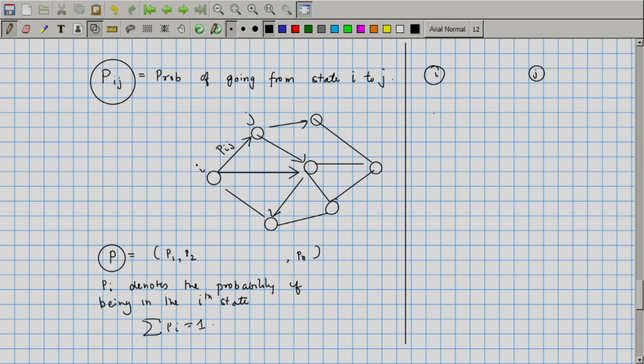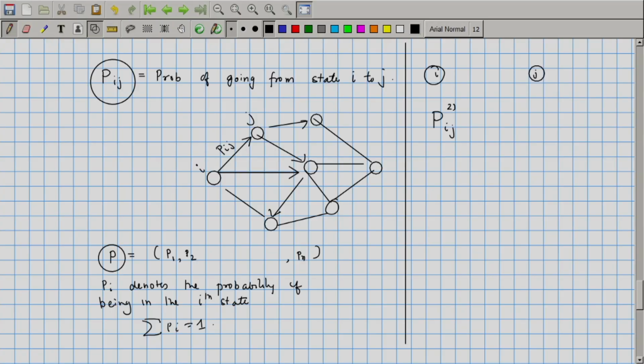Pij denotes the probability that you will go from i to j in one step. That is, if you are already at i, what is the probability that you will land up in j in the very next step? Let us denote by Pij^2 the probability of going from i to j in 2 steps.